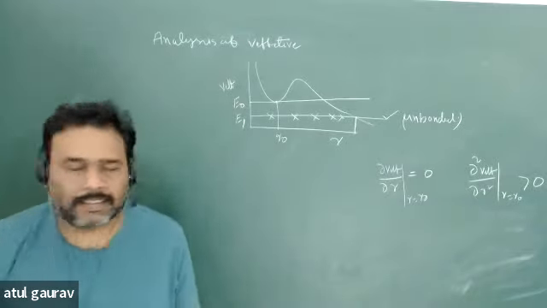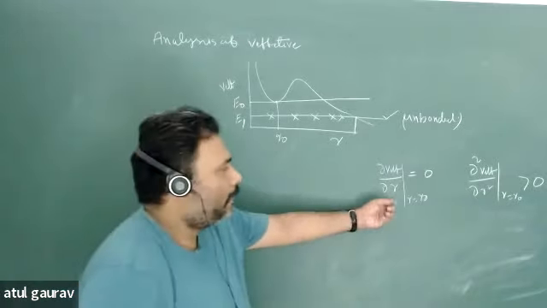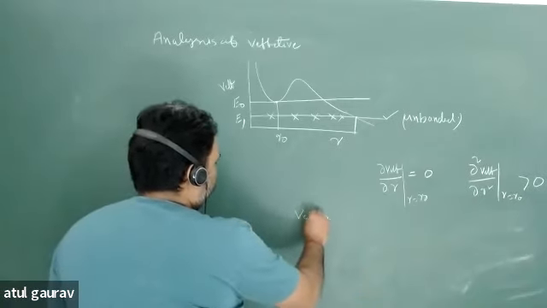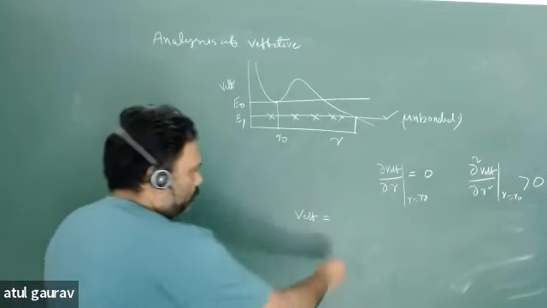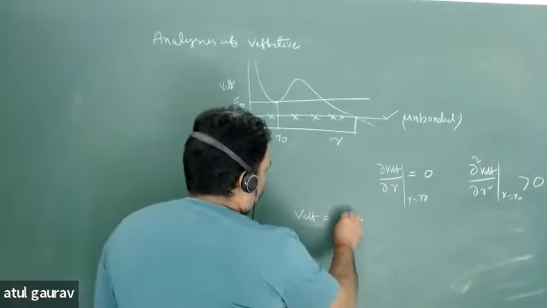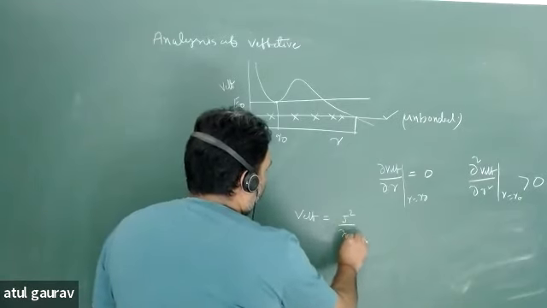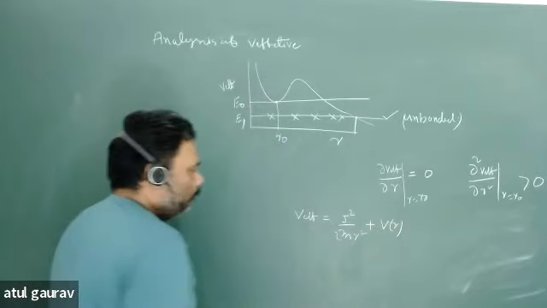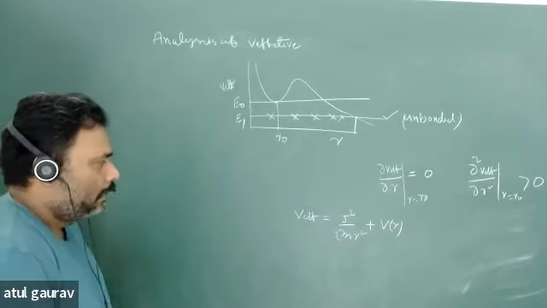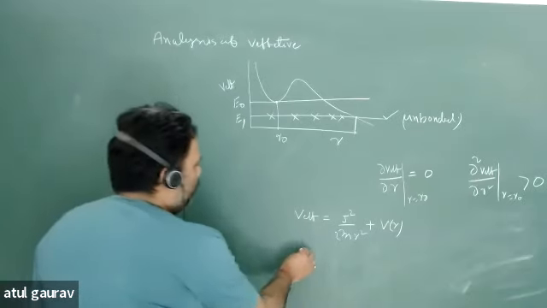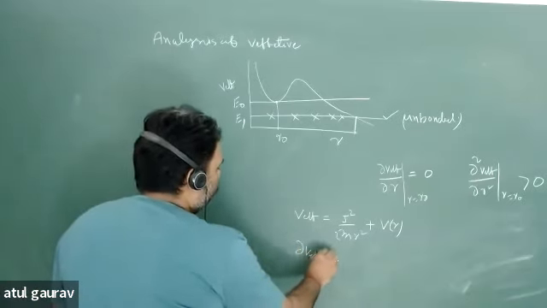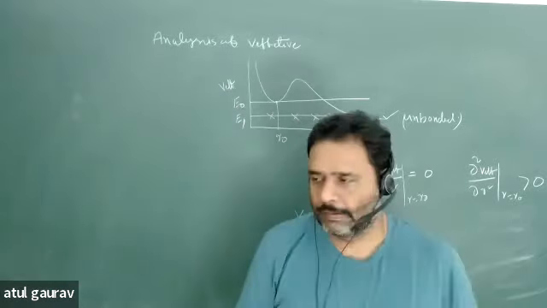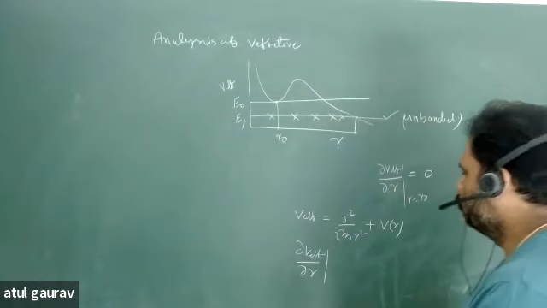Now look at what you are getting from here. What is your V effective? V effective is nothing but J square upon 2mR square plus V(R), isn't it? Let us go for del V effective by del R at R equal to R naught.